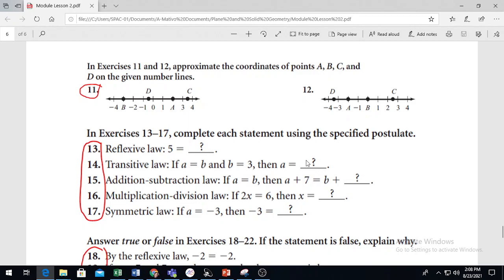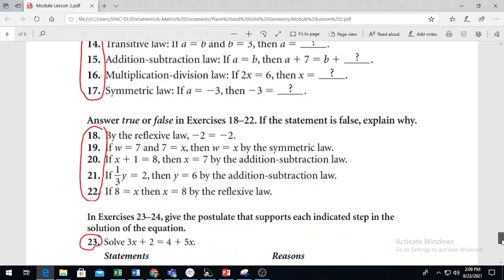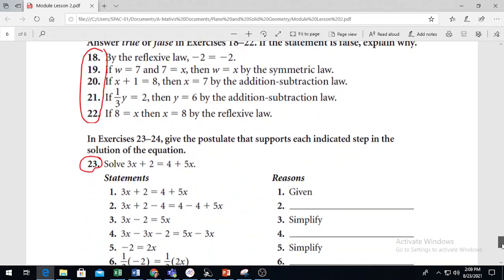In our discussion of the postulates above, we don't have examples. We only use variables. But in this exercise, instead of using a variable, you use a real number to represent the law given in each item. You need to answer all of them since they are all encircled with the red ink. Numbers 18 to 22, you answer them by true or false.